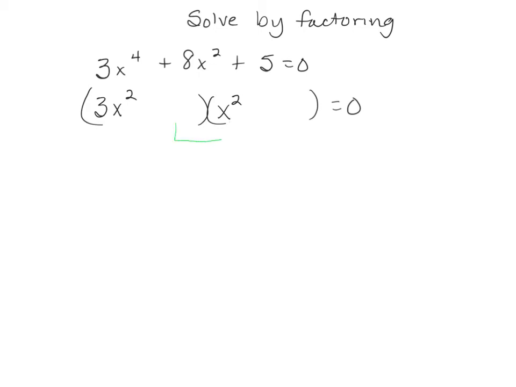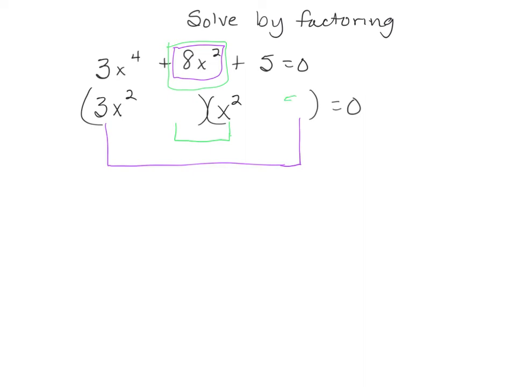Remember, I want these 2 multiplied together and these 2 multiplied together to give me my middle term that combined is going to give me that. Okay, those two numbers combined give me that.